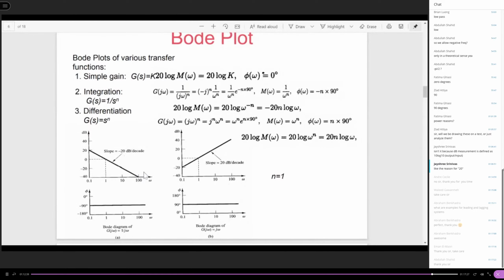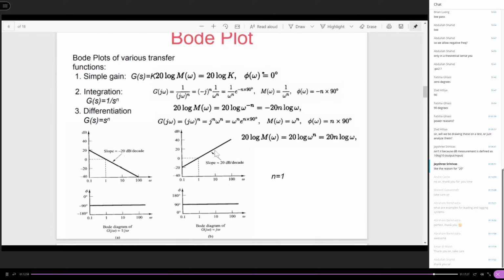And for differentiation, not surprisingly, the magnitude is increasing, and it increases quite fast depending on the power of n.